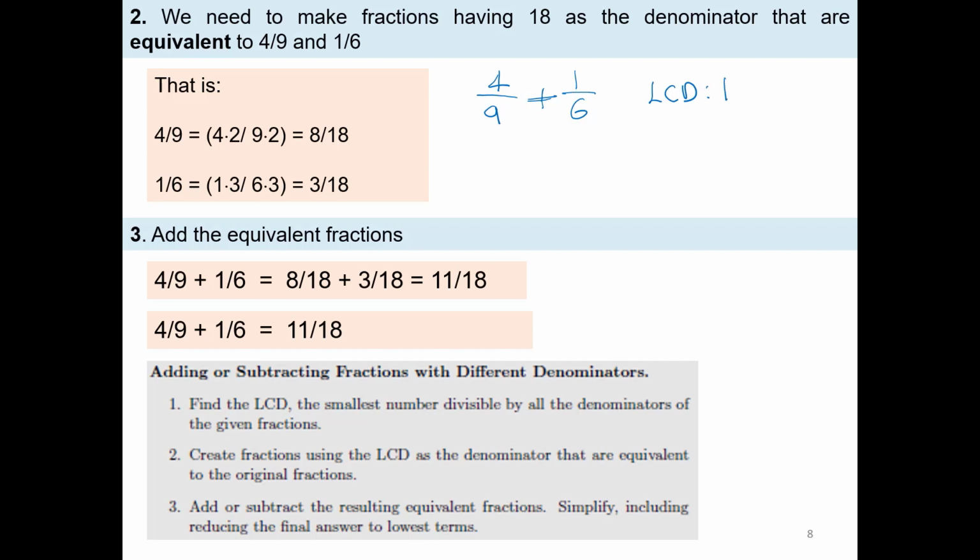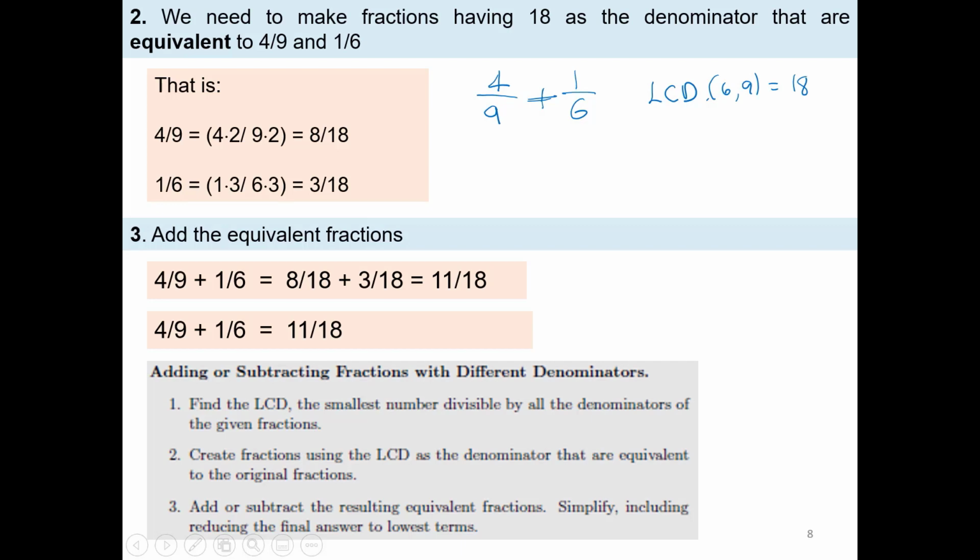We know the LCD for 6 and 9 is 18. We want to find equivalent fractions in which the denominator is 18 for both.